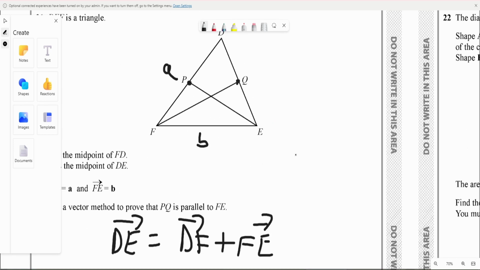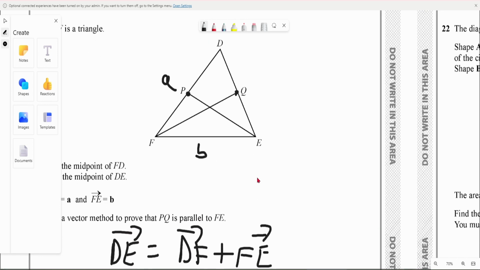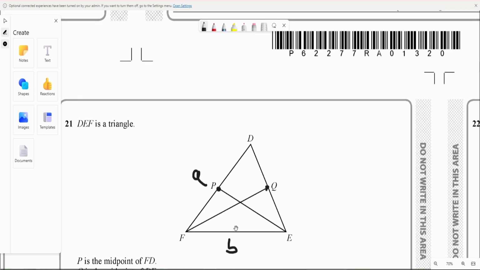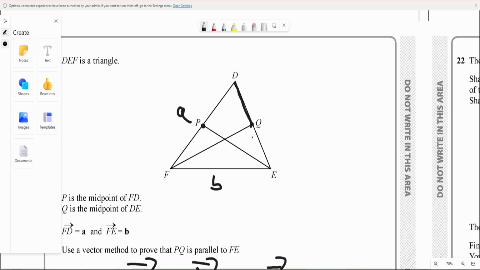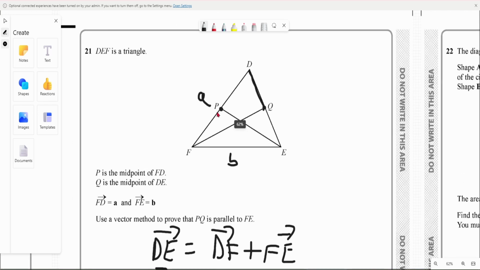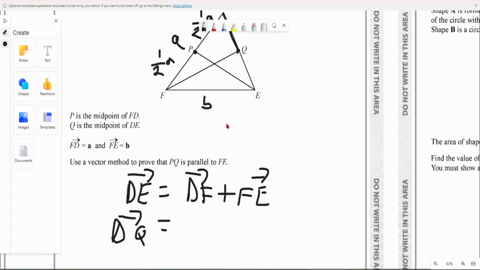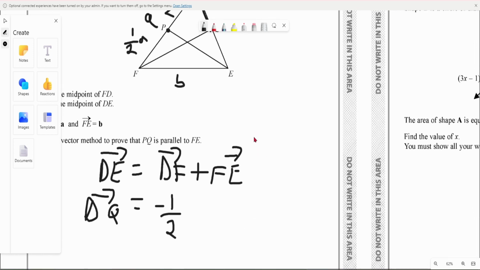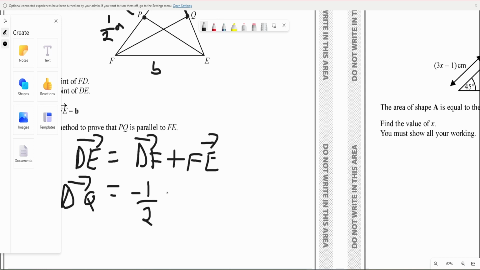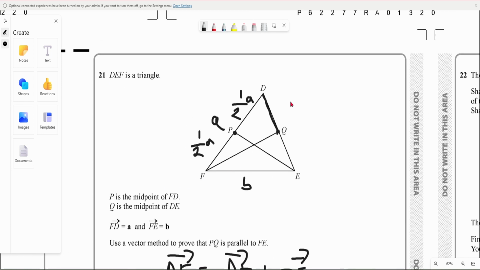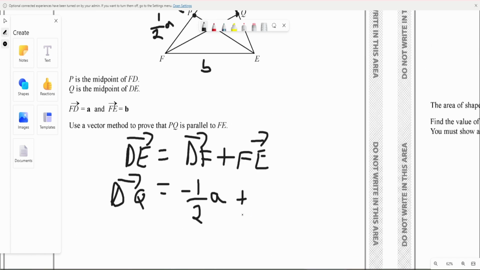Now that is D to E. And now we're going to do D to Q. So D to Q, this right here, just to make things clear, this is going to be a half A and this is going to be a half A. We're going to go up, so we're going to have negative a half A, because we're going up, then plus, it says Q is the midpoint of D to E, so that is just a half B. We're going to get a half B.